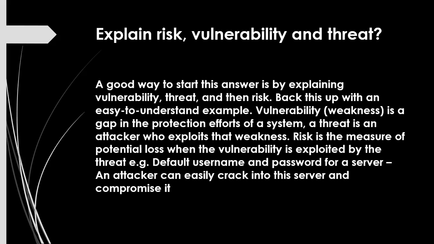A threat is an attacker who exploits that weakness. Risk is the measure of a potential loss when the vulnerability is exploited by the threat. Example: default username and password for a server. An attacker can easily crack into the server and compromise it.